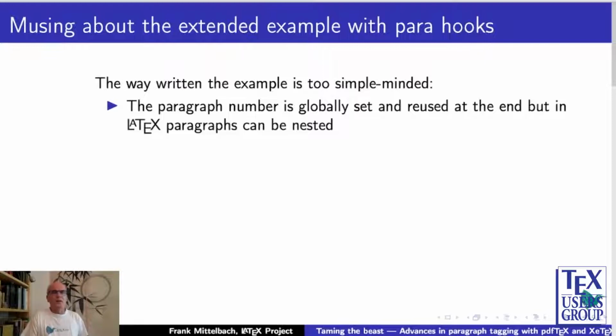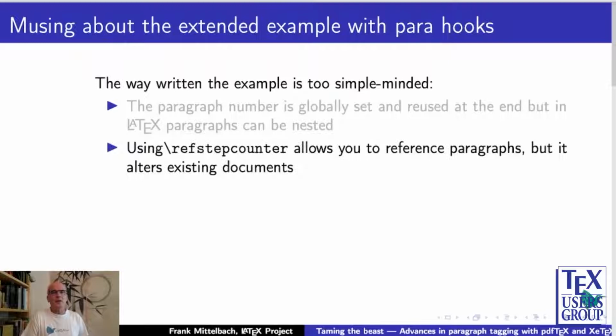Also, we use the ref step counter to be able to reference the paragraph number with labels, but this means that this code cannot be used in old documents, because then suddenly a label put into the middle of the text would refer to the paragraph number and no longer to the section or chapter.